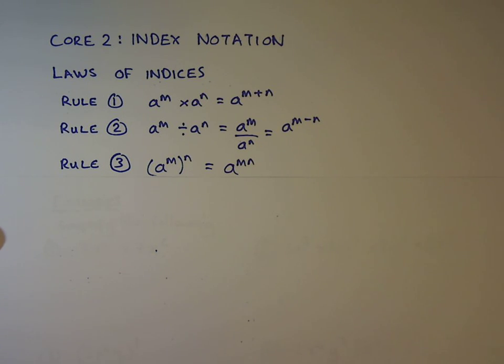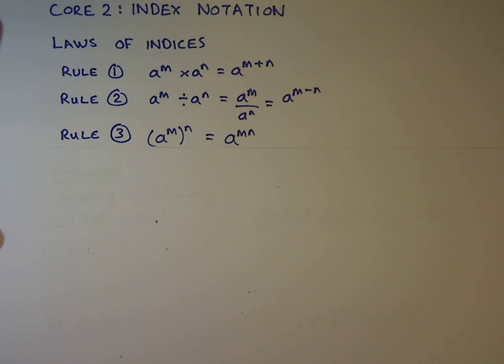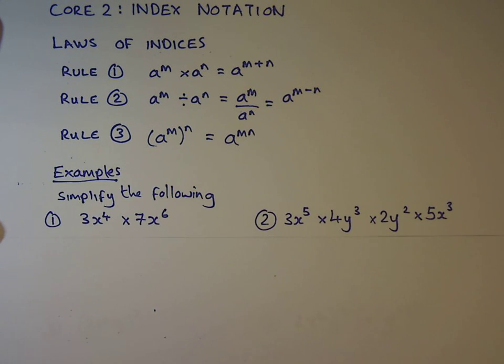We're now going to use these laws to go through a few examples. Example 1. We're going to simplify this expression: 3x to the 4 multiplied by 7x to the 6.